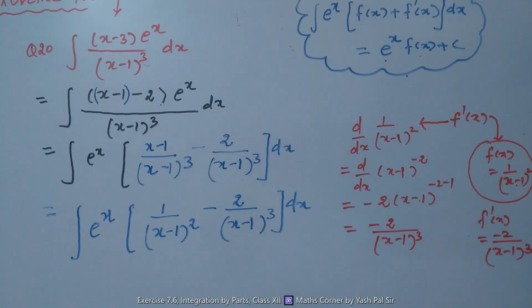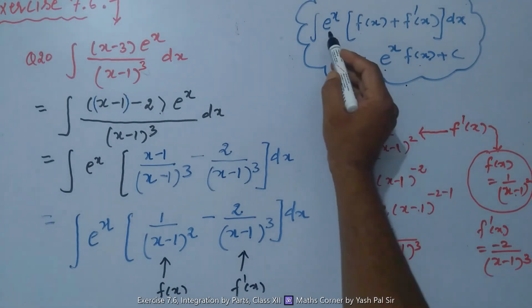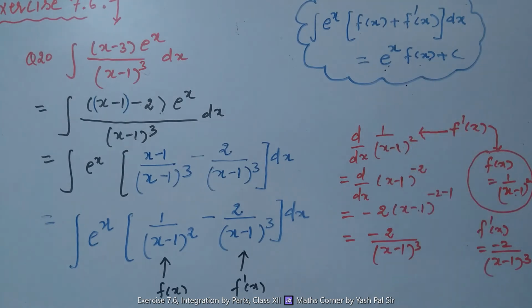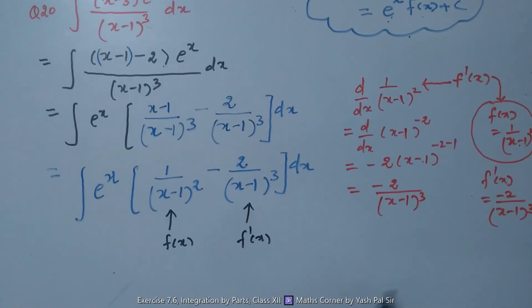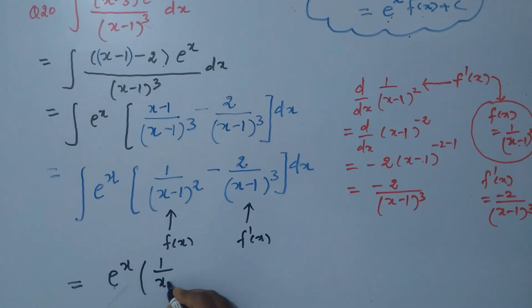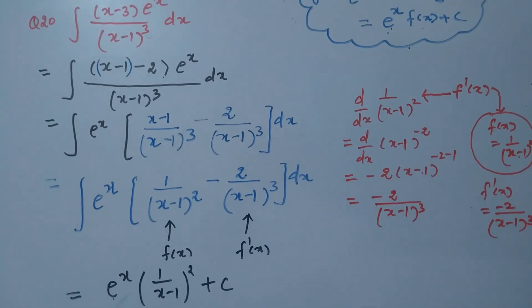So here accordingly we can say this is f of x and this is f dash x. So we follow the rule now: e power x into f of x plus f dash x is equal to e power x into f of x. So we write directly the result, which is equal to e power x into f of x, which is equal to 1 upon x minus 1 whole square plus c. This is the final answer of the question. Thank you very much.